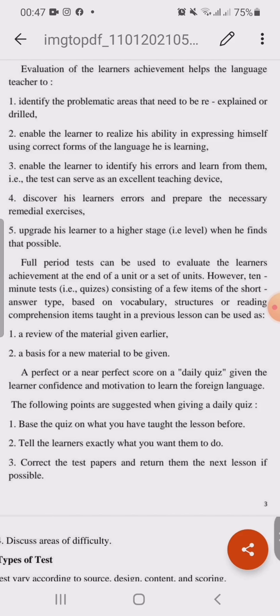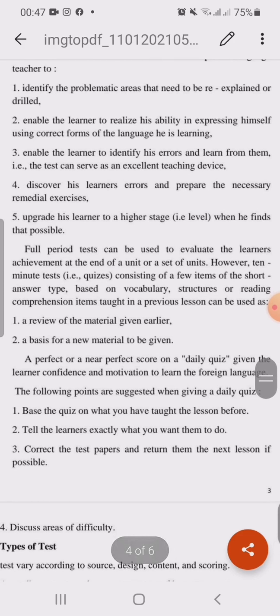Number 2, enable the learner to realize his ability in expressing himself، يعني تمكين المتعلم من إدراك ability حتى يدرك قابليته في التعبير عن نفسه مستخدما الشكل الصحيح من اللغة اللي هيتعلمها.